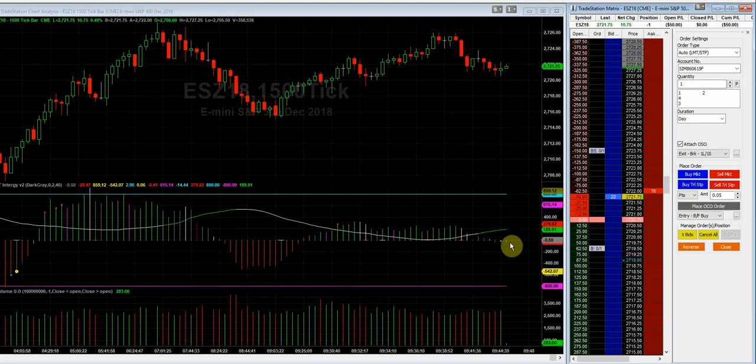Tiny bit of supply coming in, really not convicted to bring it down. And it also means that the buying is trying to absorb the down move, which it is kind of doing successfully here. So we're going to have to see what the next bar brings.